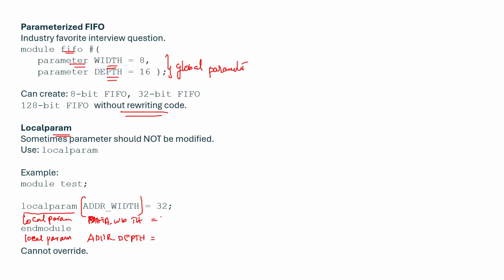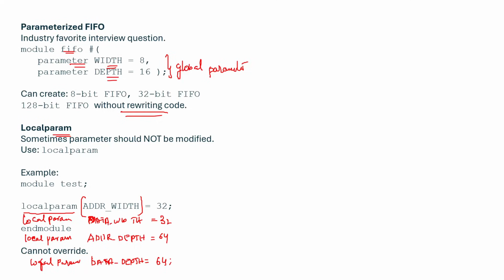Okay, some here also 32 bit and depth is 64 bit, and local param data depth. We are using this address bit, data bit, data depth, address depth.